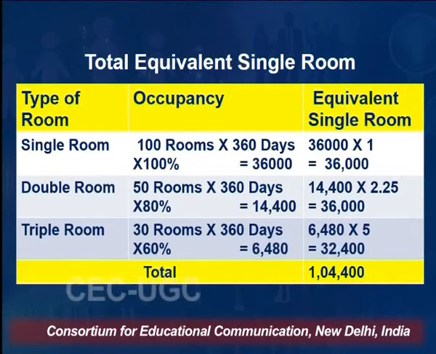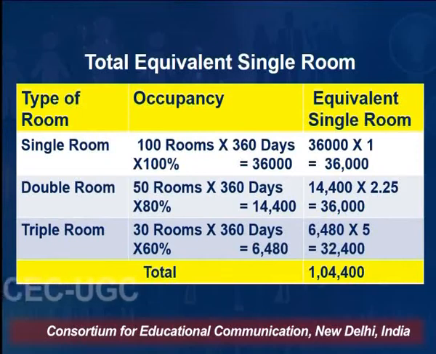For the triple room, 30 rooms into 360 days into 60% gives 6,480. So we have two ways: either we multiply it by 5, or we take the second value and multiply it by 2. Here it is logical to take 6,480 into 5, because 2.25 doubled becomes 5. So it gives me a value of 32,400.